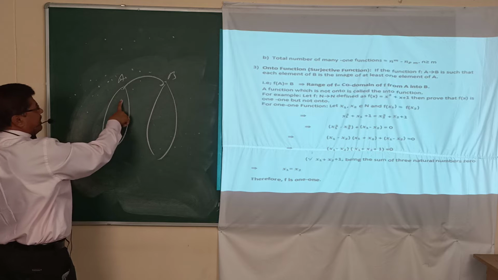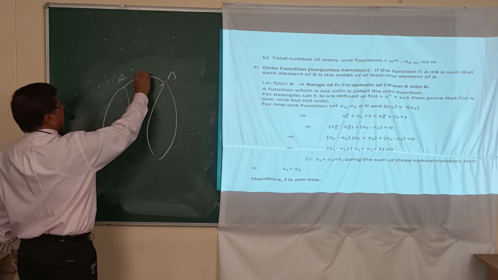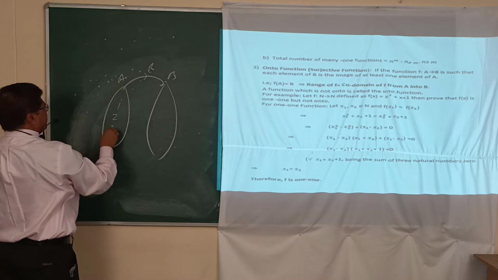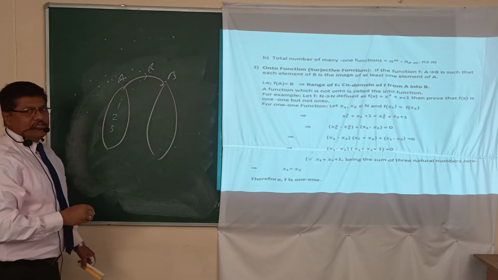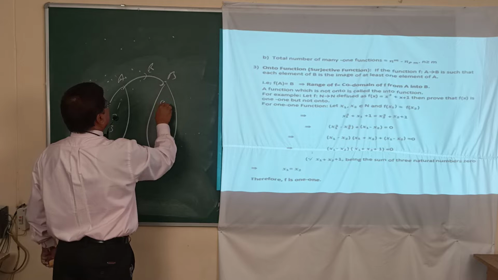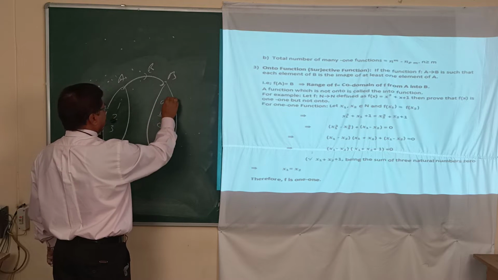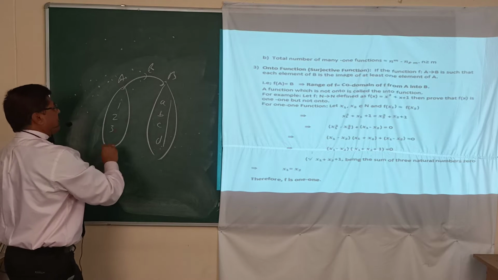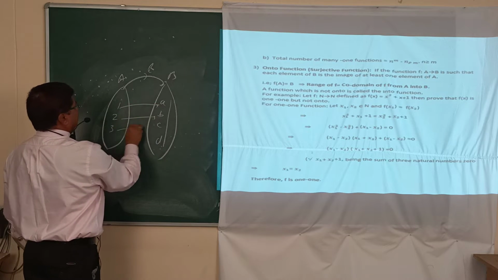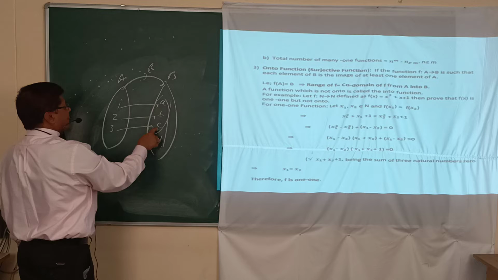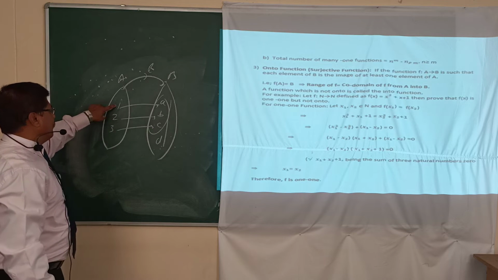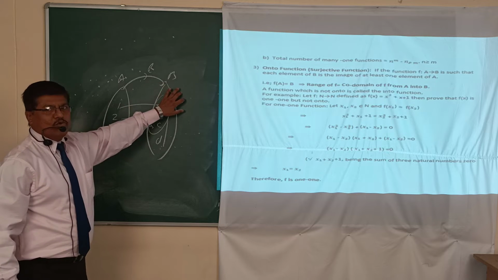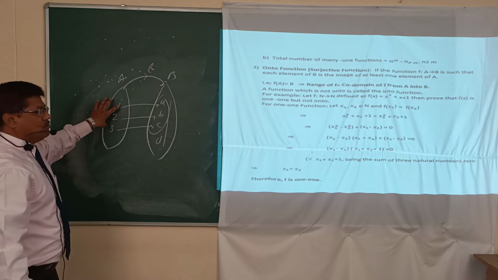Here, if any set A is related by any relation with set B, then all the members of set A are known as the domain, and all the members of set B are known as the codomain. But the numbers which are related with anyone, that is your range. So A, B, C are your range of components 1, 2 and 3. So these are the range. All the elements of set B are the codomain, all the elements of set A are the domain.